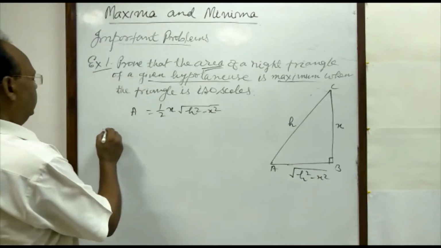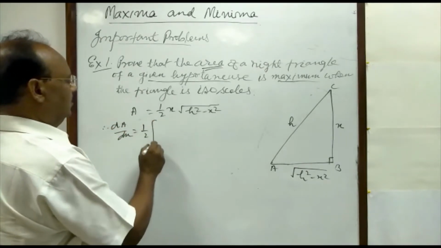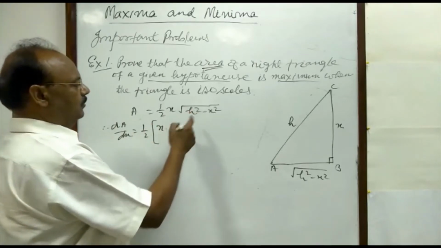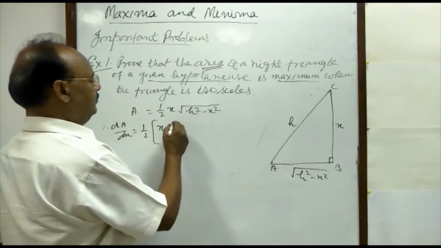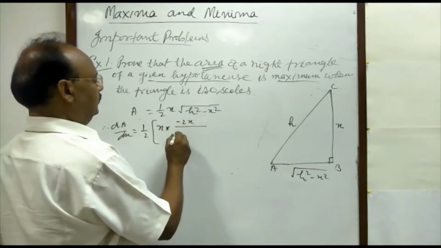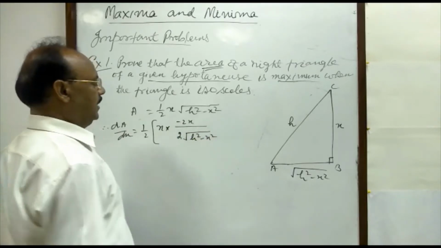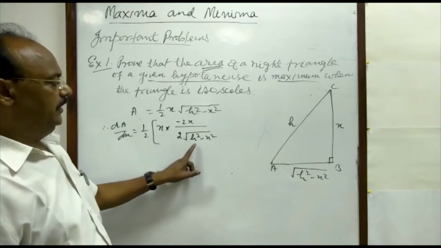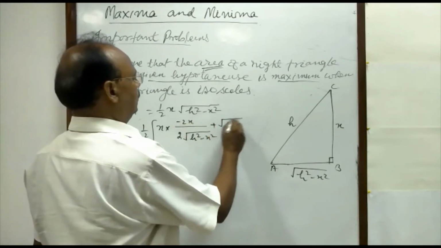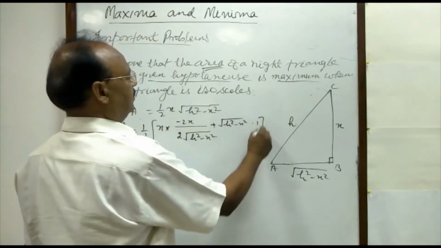Therefore dA by dx is first function into derivative of second function, which is into minus 2x upon 2 root over h square minus x square, plus second function root over h square minus x square into derivative of x, which is 1.